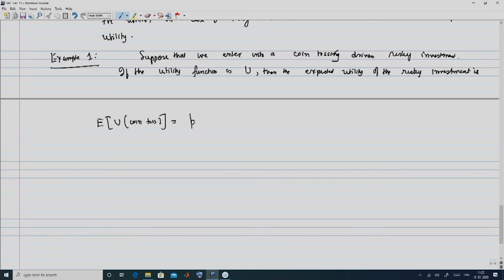And this is going to be equal to probability of a head multiplied by the utility when a head comes plus probability of a tail into utility of a tail.